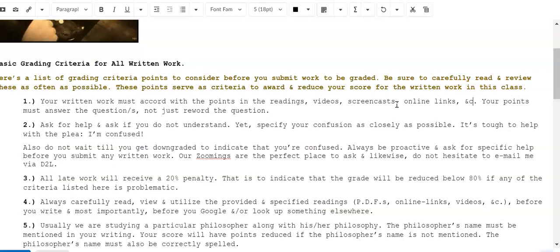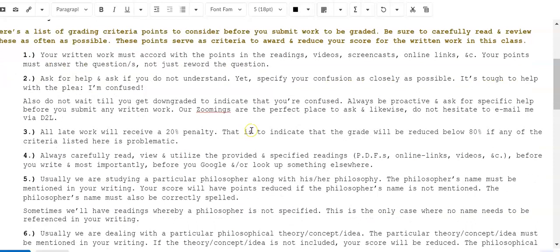Okay, your points must answer the question, not just reword the question. Ask for help if you do not understand. So in other words, this first one, also reread what you wrote. Make sure that you're not just rewording the question. Okay, sometimes people think that they're answering a question just by rewording it, and that's not the case.